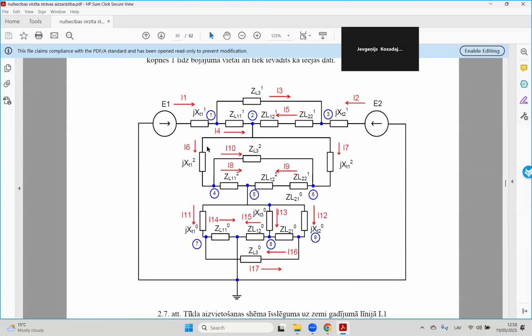If we have a one-phase fault, like in this example, or like in your homework, we need three sequences. This is positive, this is negative, this is the fault location.